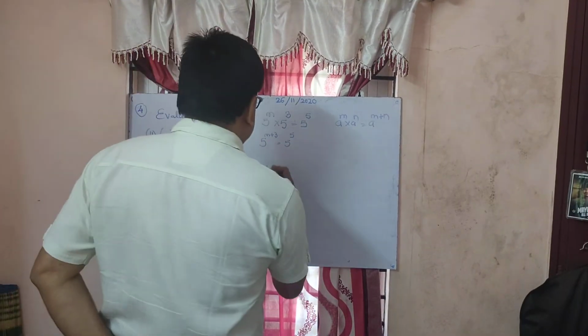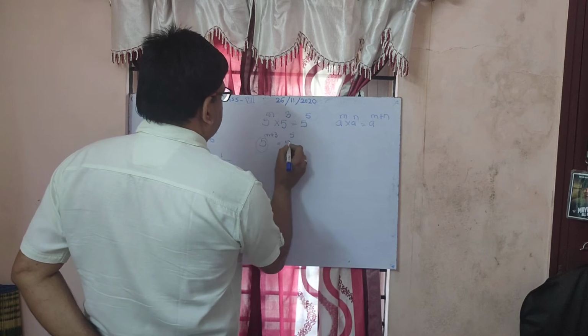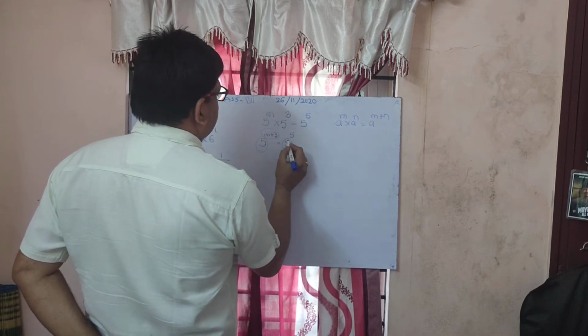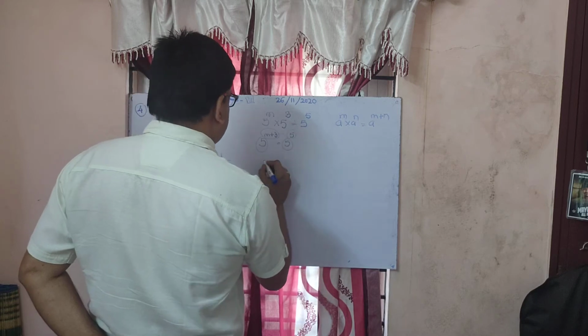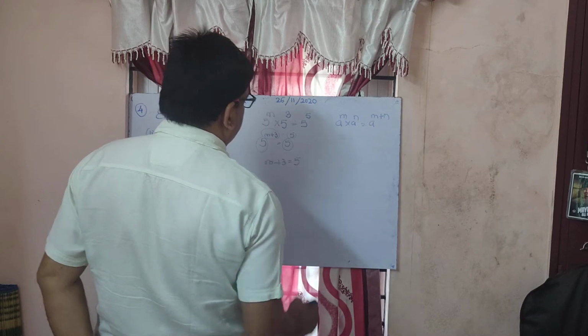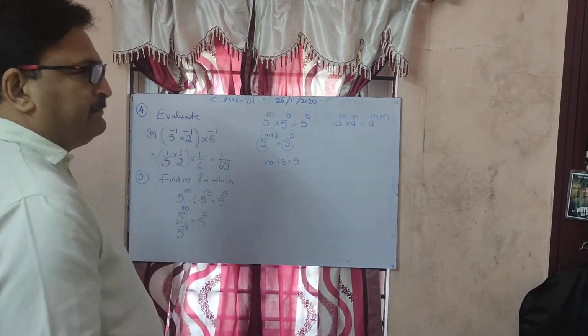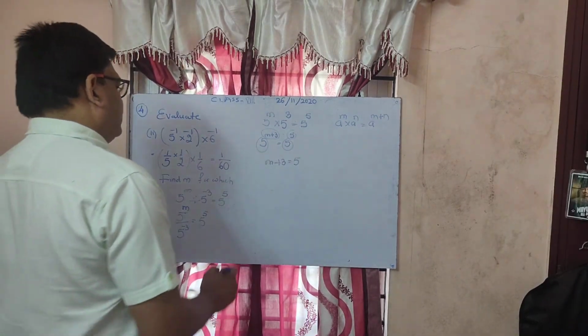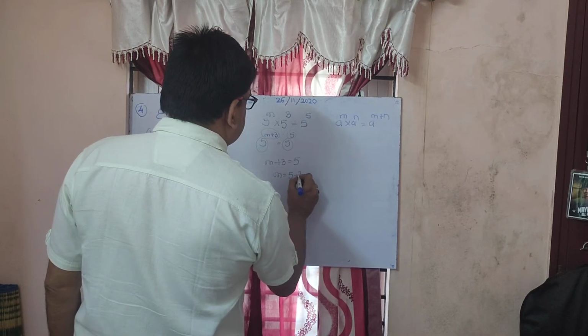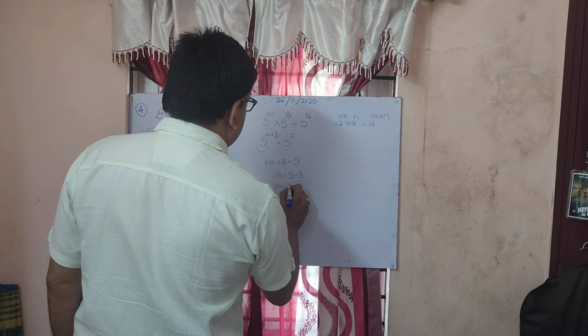So in this case, the bases are same, so the powers must be equal. It means m plus 3 is equal to 5. That is m is equal to how much? 5 minus 3. That is m equal to 2.